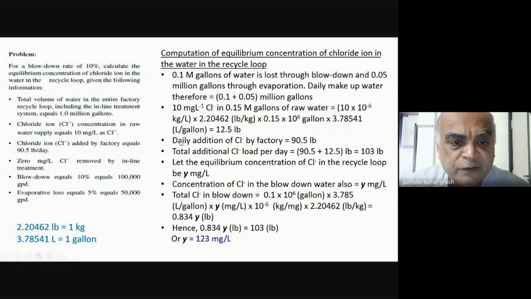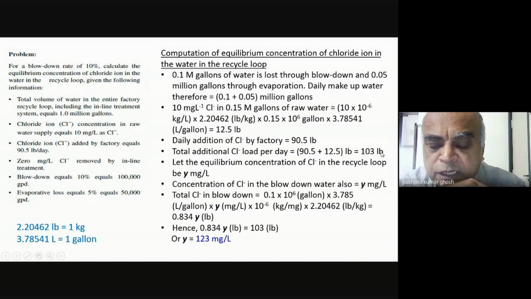And then in the factory, because of the operations, there is another 90.5 pounds being added. So the total amount is 90.5 plus 12.5 pounds, which is equal to 103 pounds being added.